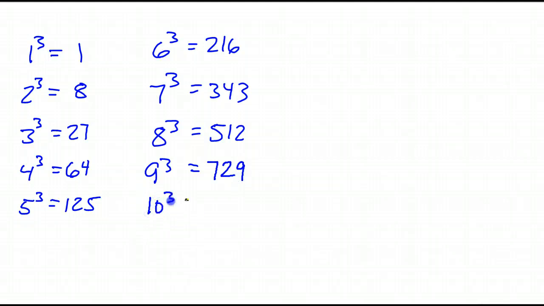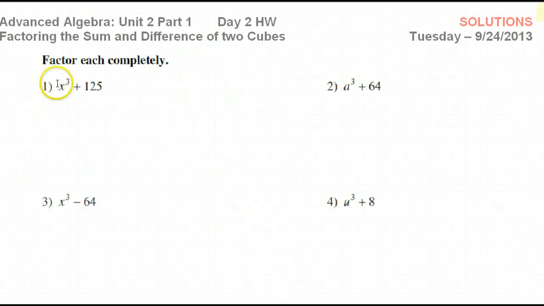And 10 to the third power is 1000. So those are the first 10 perfect cubes. And these are going to show up over and over again in the problems that we're about to do. So we'll refer back to that list.